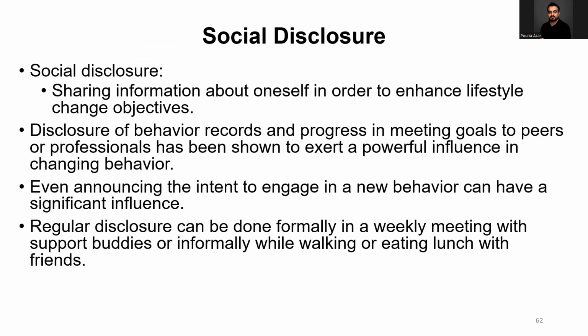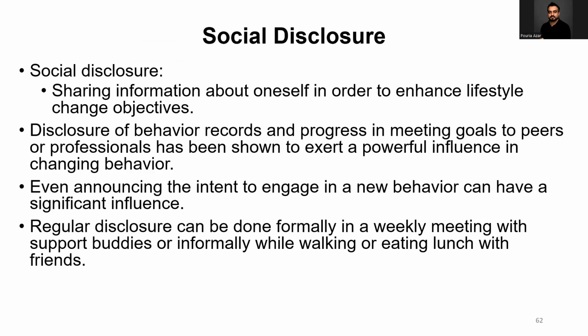So, for example, if I say to my friends, to my family members, to my neighbors or whoever, I intend to, let's say, quit drinking alcohol, by announcing that, that announcement can have a significant influence on my new behavior.